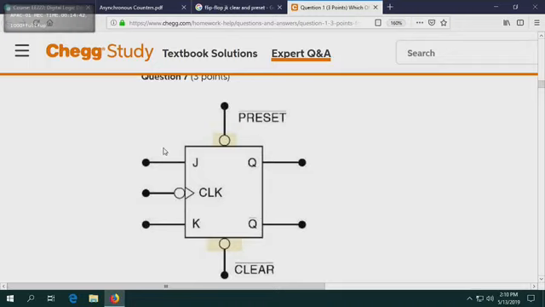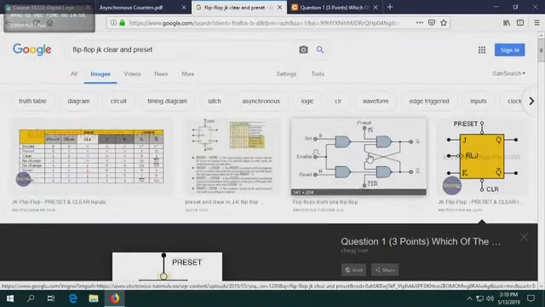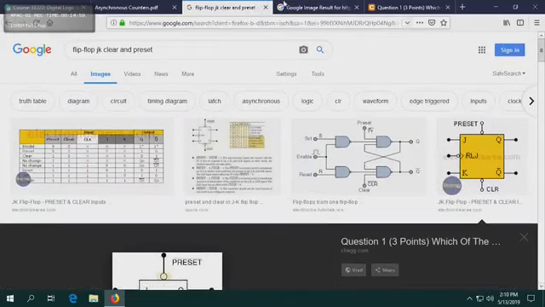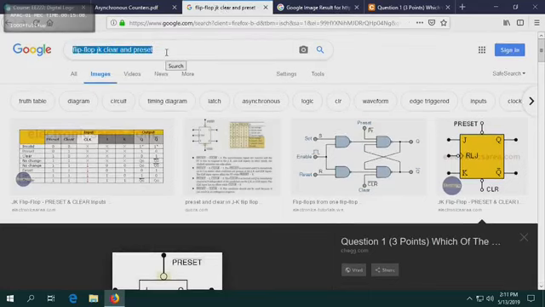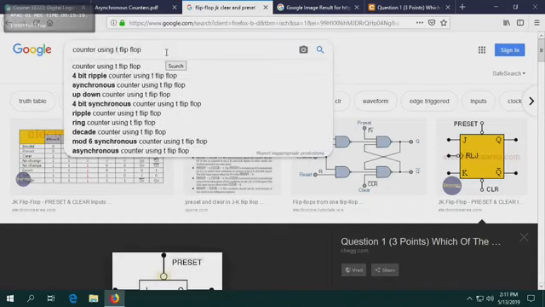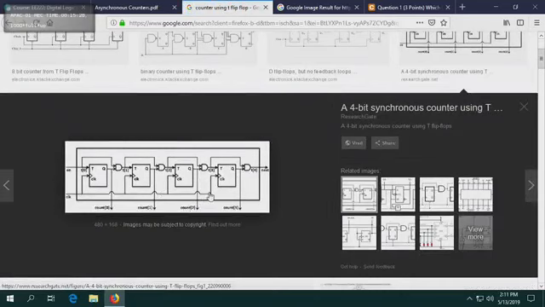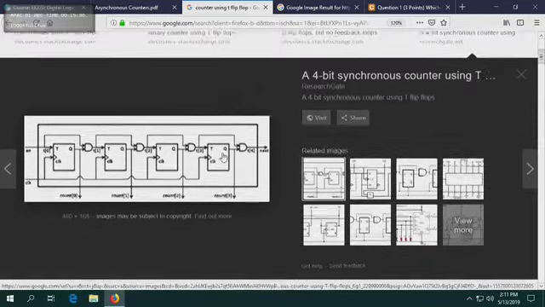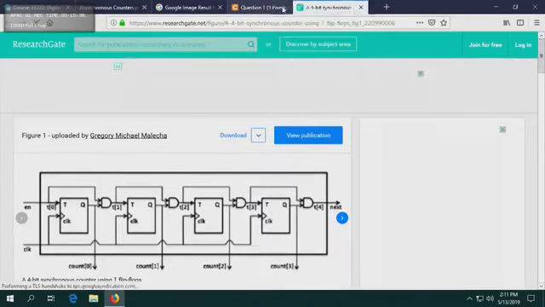Well, the answer is, what if you end up with a circuit like this?